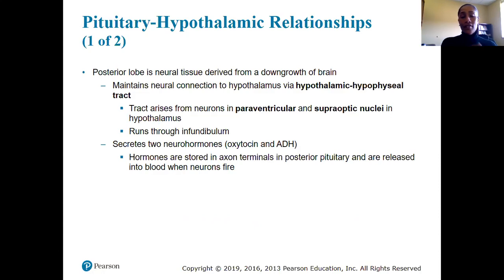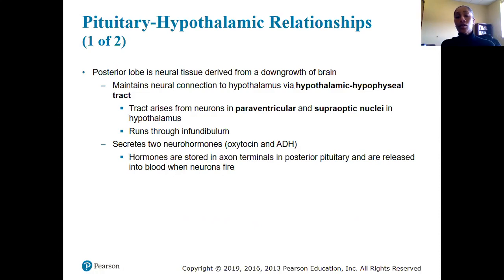The third function is that it's going to send ADH and oxytocin to the posterior lobe by neural stimulation for storage. So the posterior lobe is going to store ADH and oxytocin, but it does not synthesize those two hormones. For that reason, technically the posterior lobe is not an endocrine organ. It just stores those two hormones.